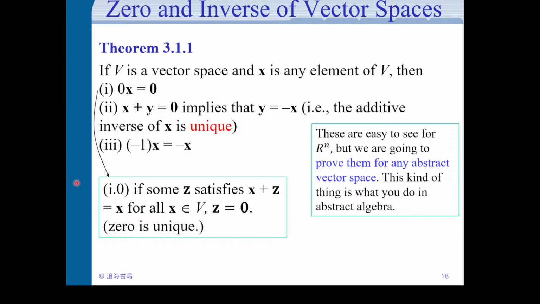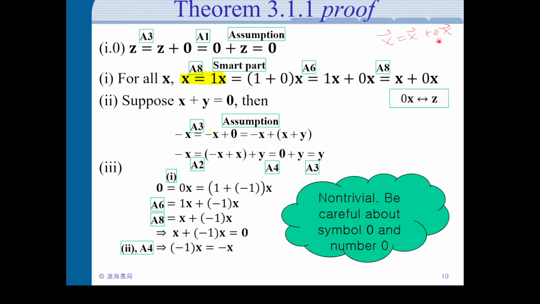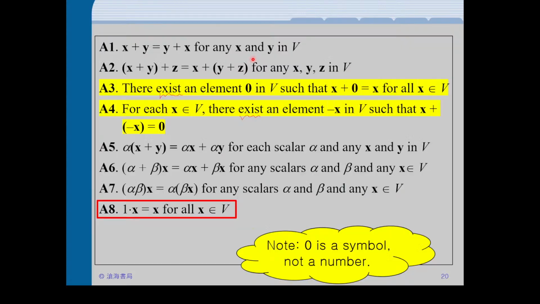So for all x, x plus 0x equals x. So 0x is a 0, just like z above, and we said every z is equal to 0, so 0x equals this 0.